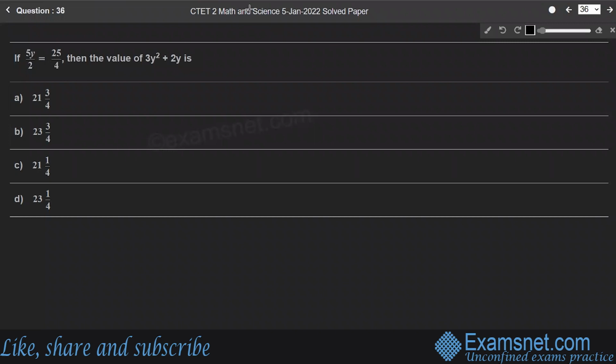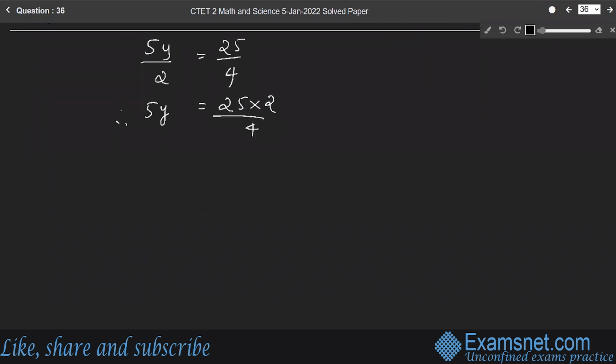Question number 36. If 5y by 2 is equal to 25 by 4, then the value of 3y square plus 2y is. Let us find the value of y first. 5y by 2 is equal to 25 by 4. Therefore, 5y is equal to 25 into 2 by 4.